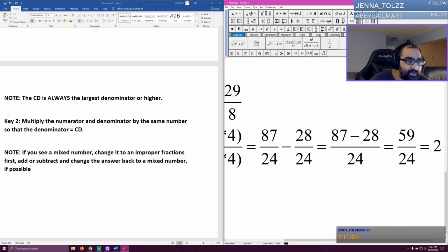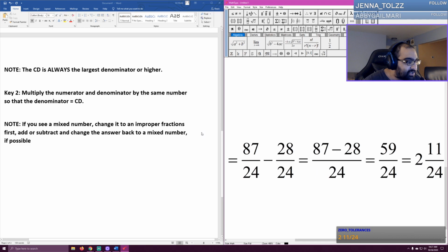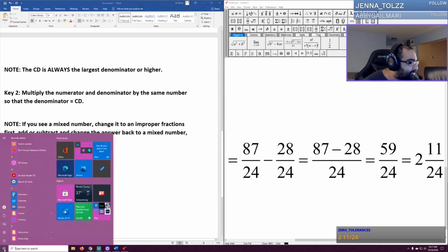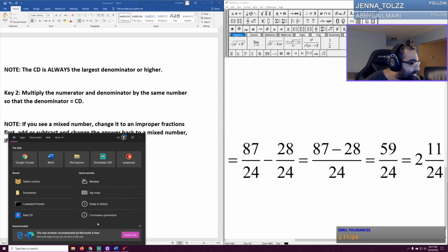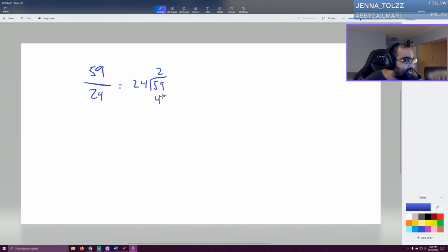Now, if you're not sure how we came up with that, let's talk about that really quick. This comes from the fact that if we do 59/24, we put the 24 on the outside and the 59 on the inside. 24 goes into 59 2 times, so that's 48, and we get a remainder of 11.